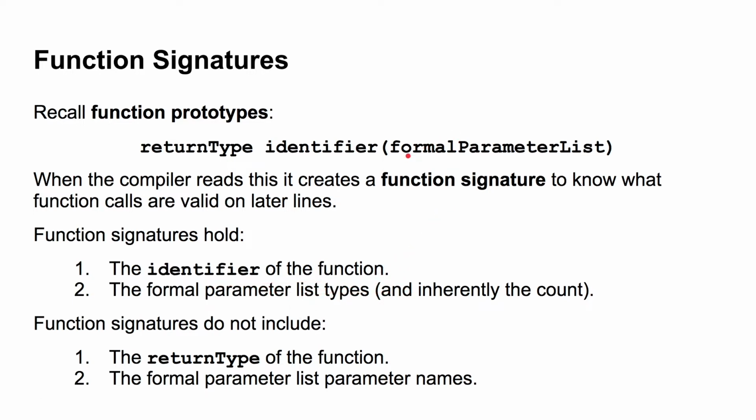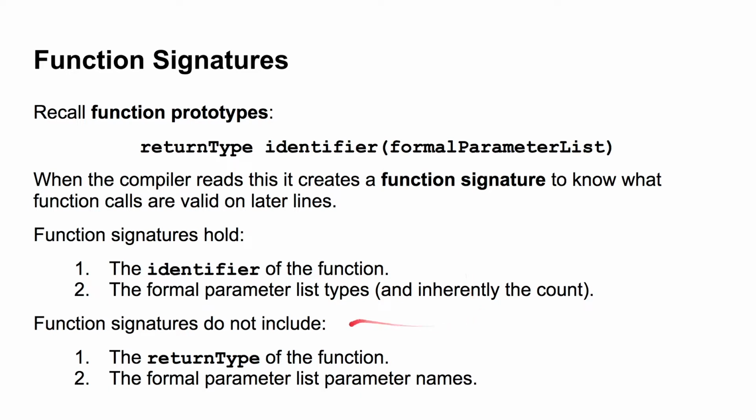So you have some list of formal parameters right here, and all of those formal parameters have types. Well, it's going to carry a list of all the types that those formal parameters are, what order they should be in, and inherently you'll have the count as well.